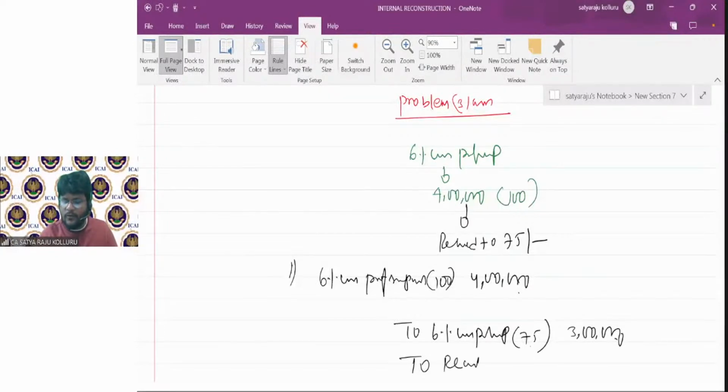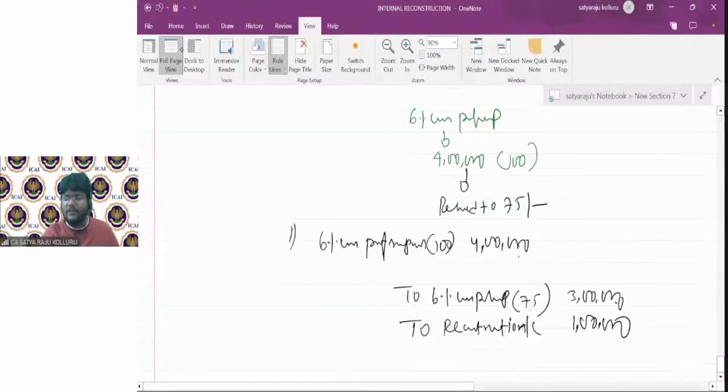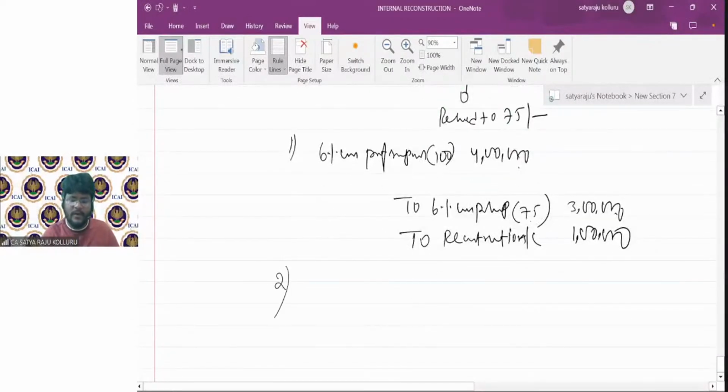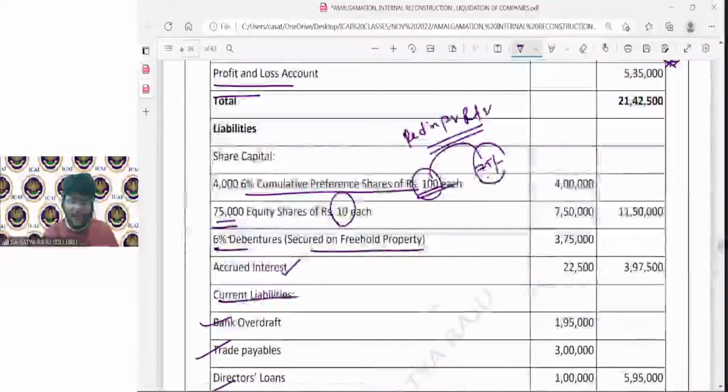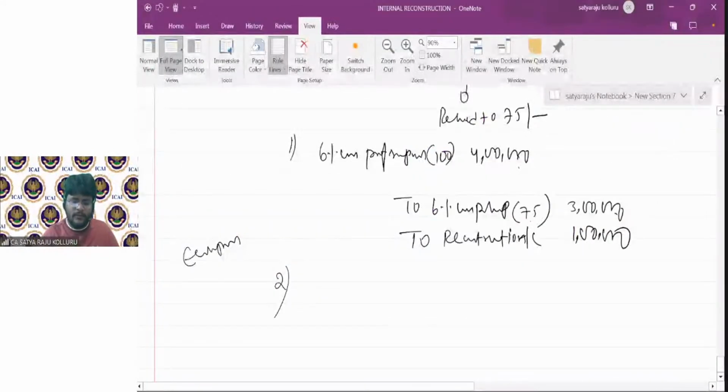You need to send it to the reconstruction account, which is 1 lakh. Am I right? Similarly, if you come to the equity shares, 2 rupees each. Sir, for equity shares, what happened? If you check, the existing equity share capital is 7,50,000.